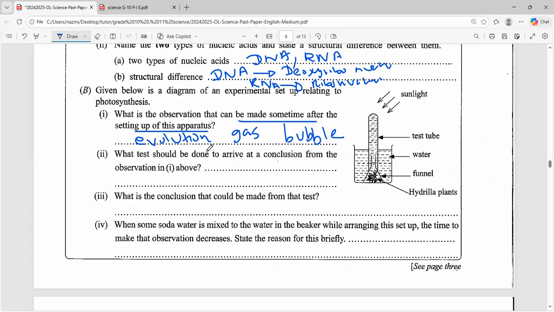What test should be done to arrive at a conclusion? You have to insert a glowing splint so that it will relight. When it relights, you can confirm that it is oxygen.